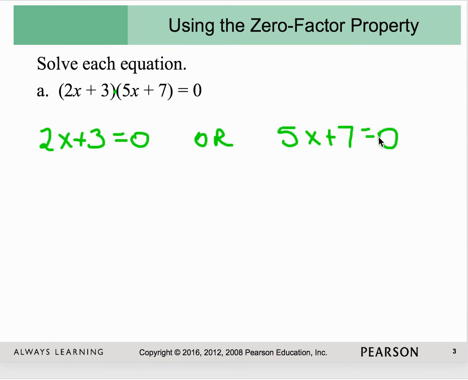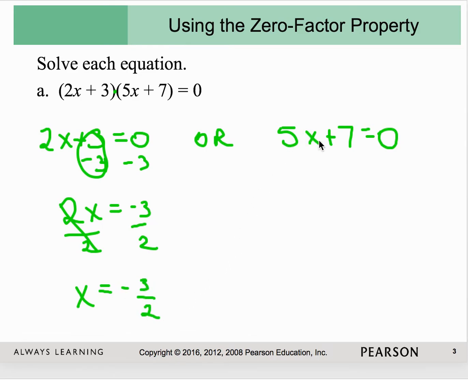At least one of them has to be 0. But look, that just gives us linear equations, and pretty simple ones. So now I do my steps to solve my linear equation until I get x all by itself.